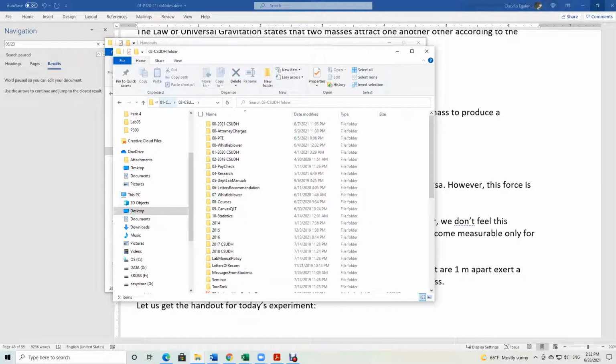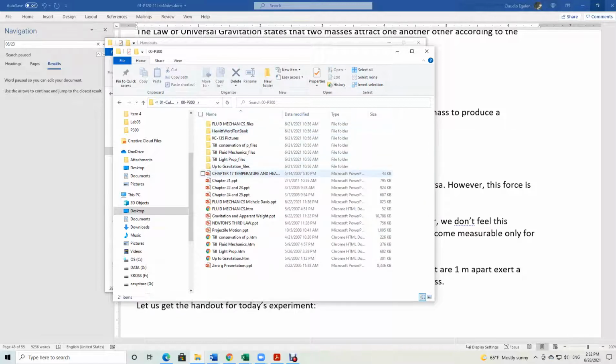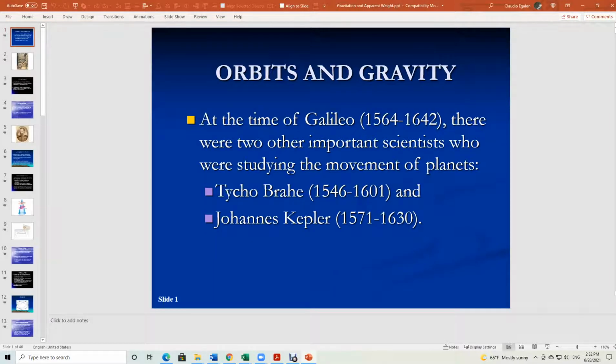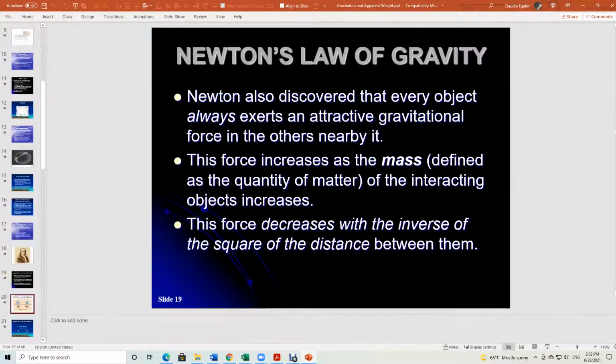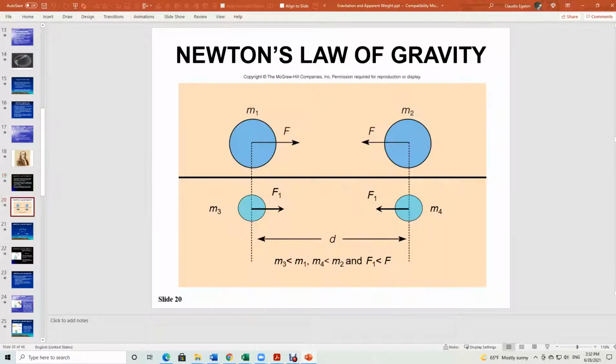Here. Bear with me, it must be here. Here you go. Gravitation and apparent weight. Must be this one here. Okay, let's see. I'm not gonna show you every slide that's here, but that's what you gotta know.